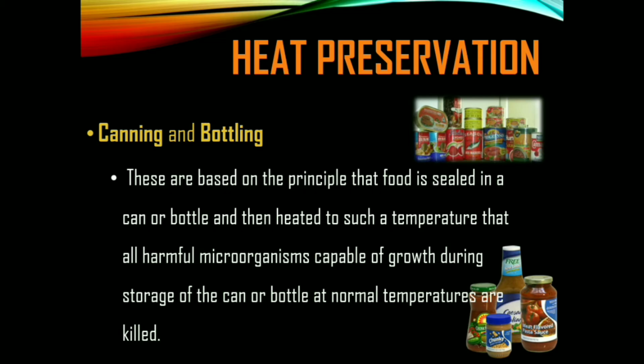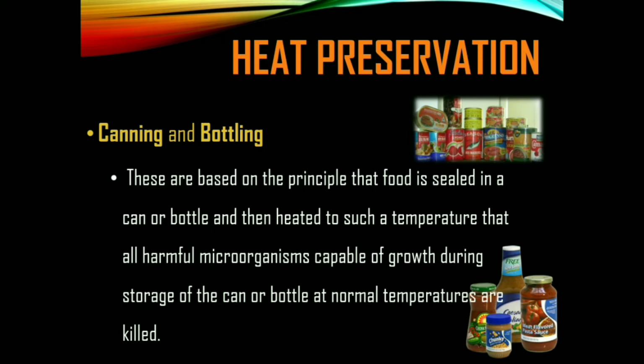And remember, when we speak of the scientific principle on which the methods are based, and we speak of the removal of oxygen, right? Canning and bottling would have been an example of what? Of the removal of oxygen.